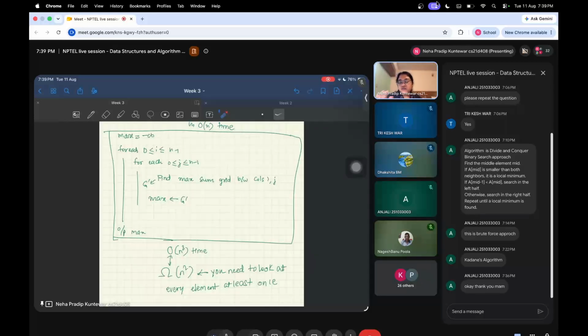But in practice, let's talk about sorting algorithms, and suppose you know that the inputs coming to you are almost sorted all the time.